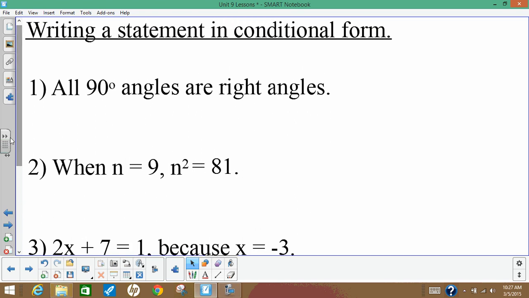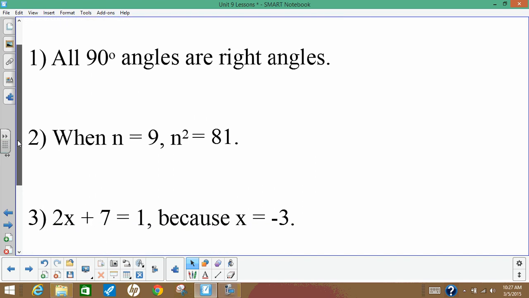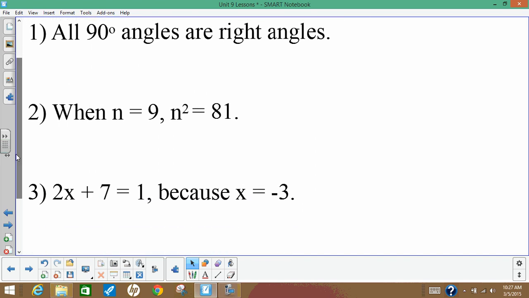So sometimes we'll get a statement that is a conditional, but it's not in if-then form, and we can rewrite it in if-then form using a hypothesis and a conclusion. And this is something that takes practice. So our first one, all 90-degree angles are right angles. So of course we need to start with the word if, and we need to determine what the hypothesis should be.